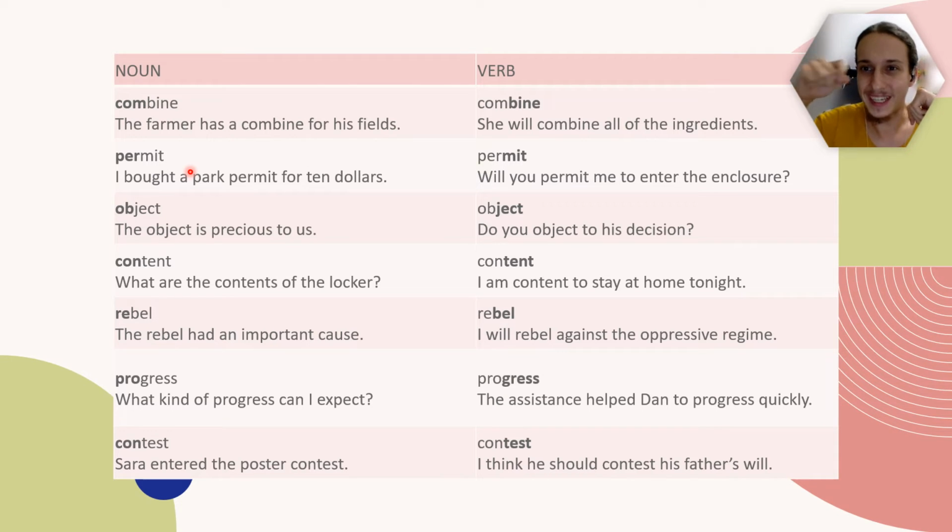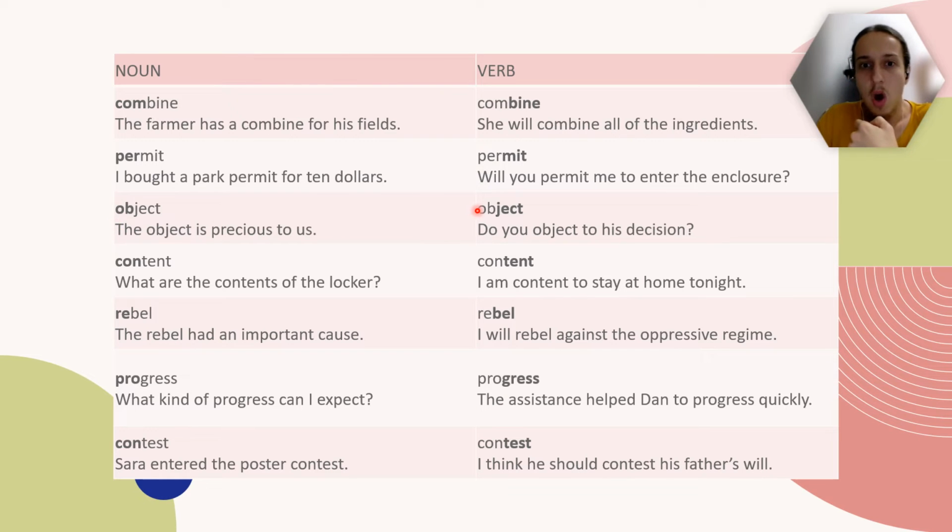It is an object. Permit, permit. Will you permit me to enter the enclosure? Will you allow me? Can I enter? Permit here is an action, and permit here is a noun, is an object.